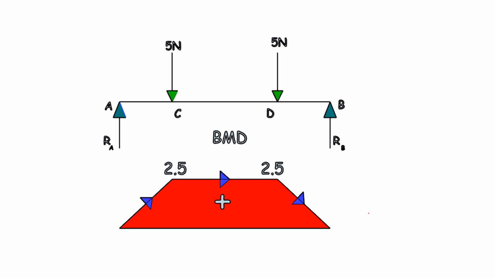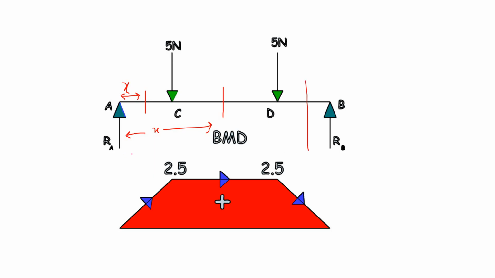Now, I have clearly explained how to use equations between the span AC, span CD and span DB. You make a cut here and take it as X for the span AC, and make a cut here, take this as X, and write down the equation for the span CD. So we had 3 equations.